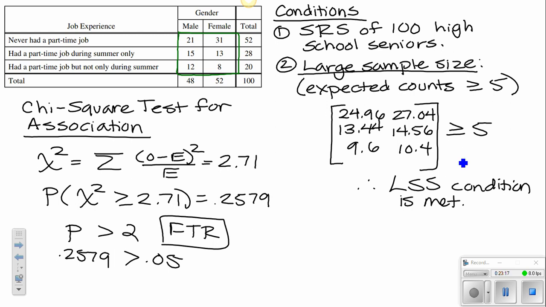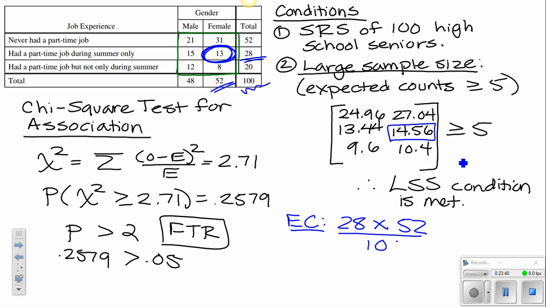Do recall that if you wanted to find this by hand, let's say I wanted to find the expected count here, that's going to be 14.56. Now how do I find that by hand? Remember, to find the expected count, you take the row total, which is 28, times the column total, which is 52, and divide that by the table total, which is 100.